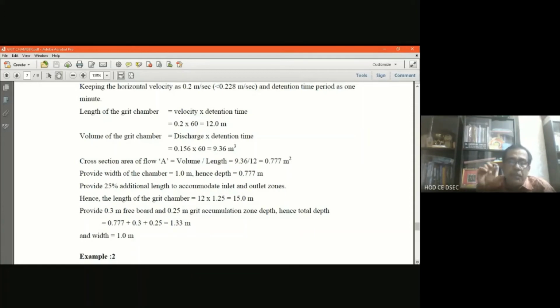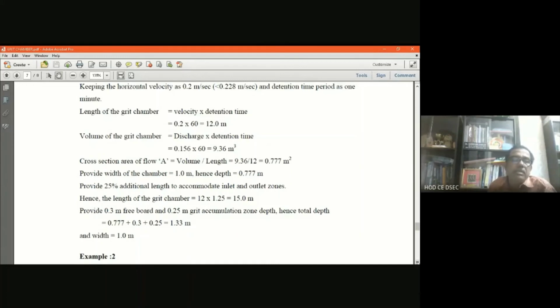Similarly, you have to assume 0.3 meter for the freeboard as well as 0.25 meter for the grit accumulation, that is the sludge accumulation zone in the bottommost zone. So total depth will be the water depth 0.777 plus 0.3 freeboard plus 0.25 grit accumulation zone, which are generally considered.